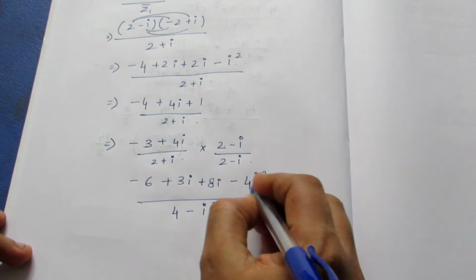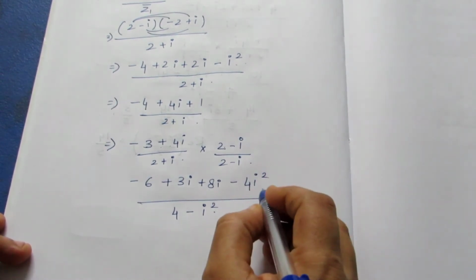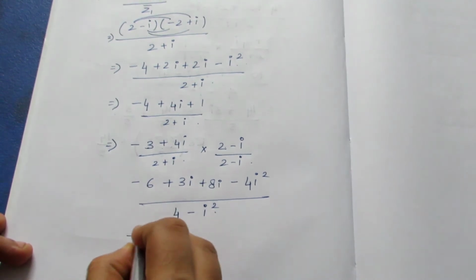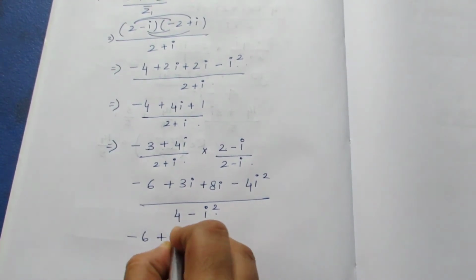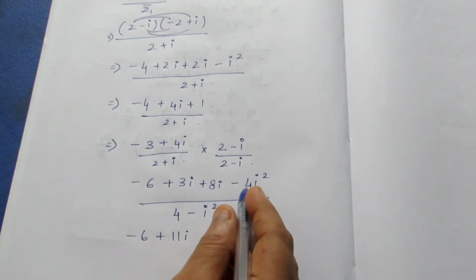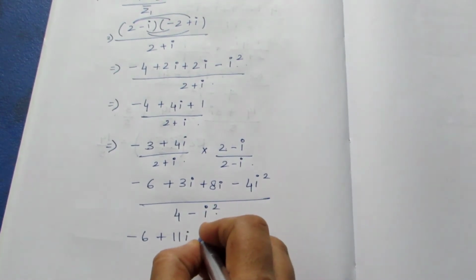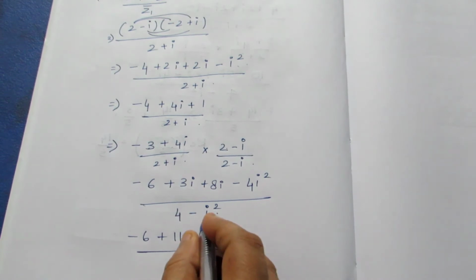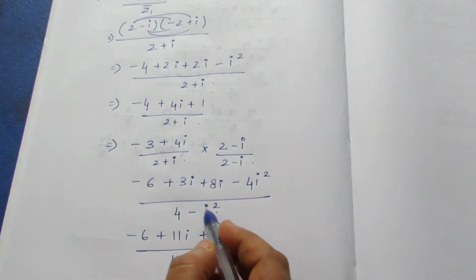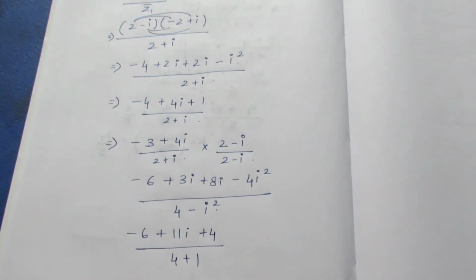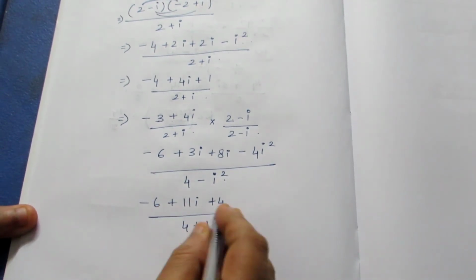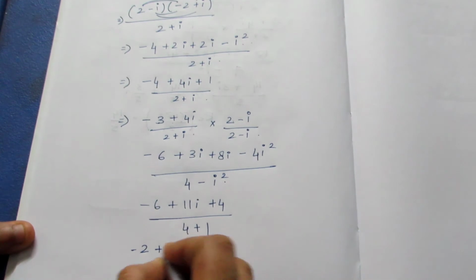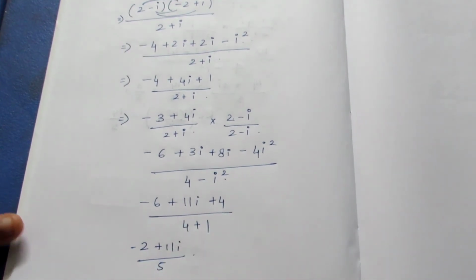Now solve it. Here it becomes minus 1, so minus into minus will become plus 4. Here minus 6 plus 11i. In the denominator, it becomes 4 by 4, and here in the same way it becomes minus 1, so minus into minus will become plus 1. Now solving this, it becomes minus 2 plus 11i by 5.